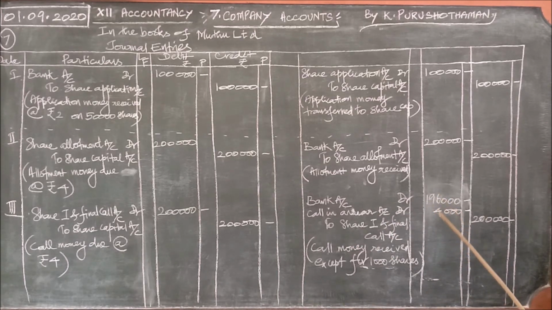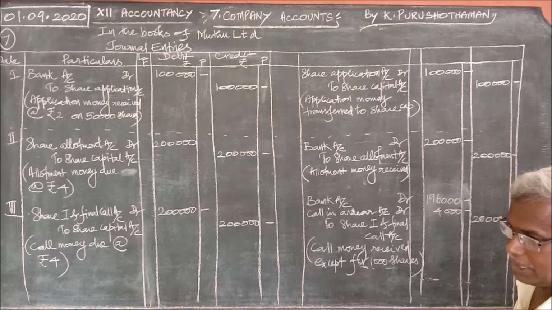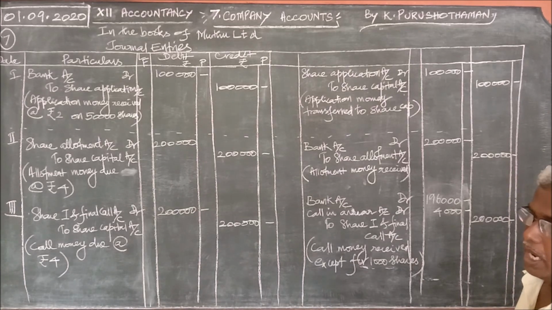Since the amount is not paid, it is called call in arrear account. For any stage, whether it is allotment or first call or final call, if the amount is not paid, it is called arrear. If the allotment money is not paid, it is arrear in allotment. If the call money is not paid, it is arrear in call, that is call in arrear.